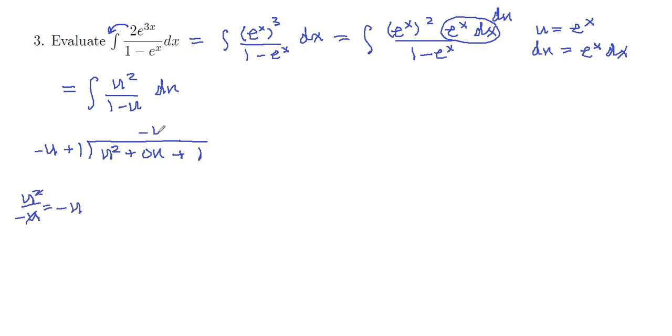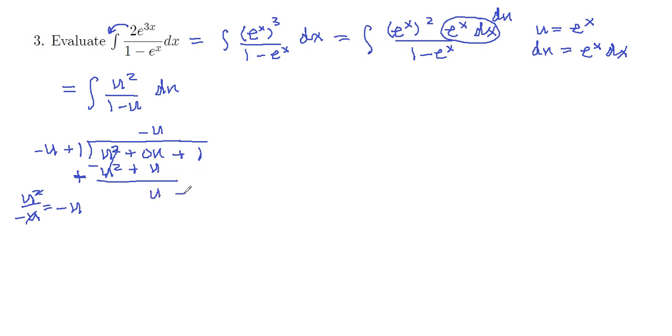So minus u there. And then multiply out in front, put it underneath, and subtract. So negative u times negative u, positive u squared, negative u times 1, negative u, and subtract. And to subtract here, we're going to change the signs and add. So these guys cancel. 0 plus 1u is just u.